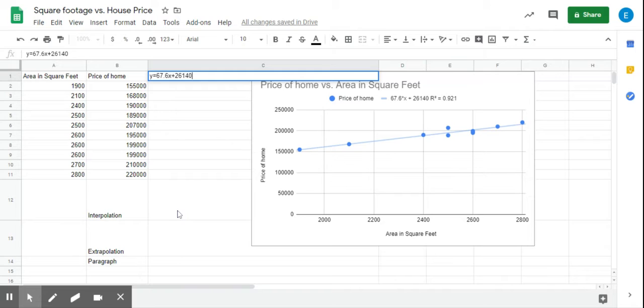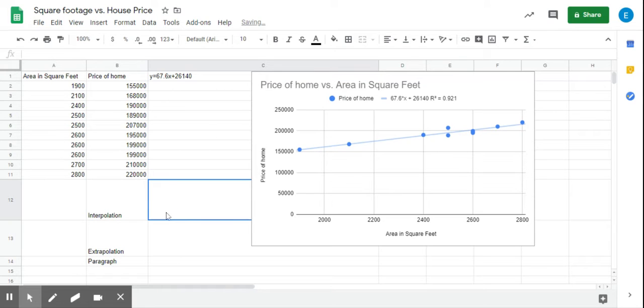So I'm going to first do interpolation. Interpolation is asking a question that is within my data set.